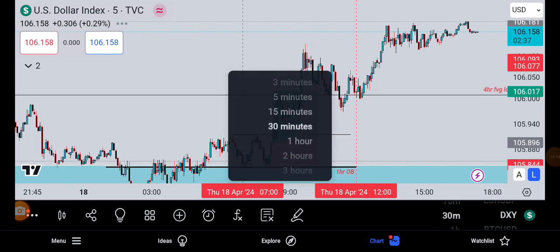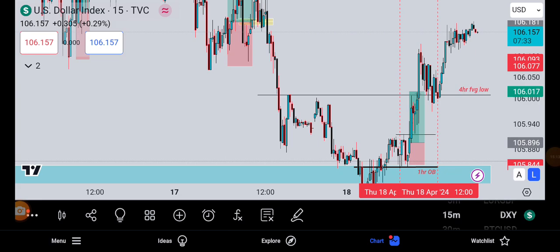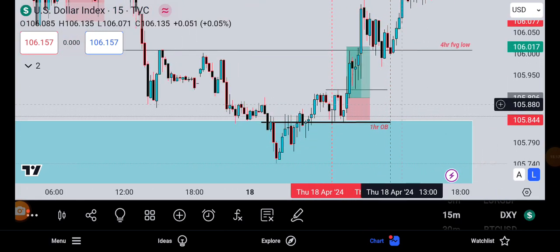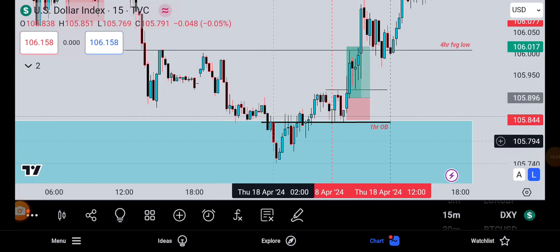On the 15 minute time frame, what I was watching is we had this grab of liquidity below here. Remember, the first move is usually a fake move. We had this drop lower, creating bearish arrays.